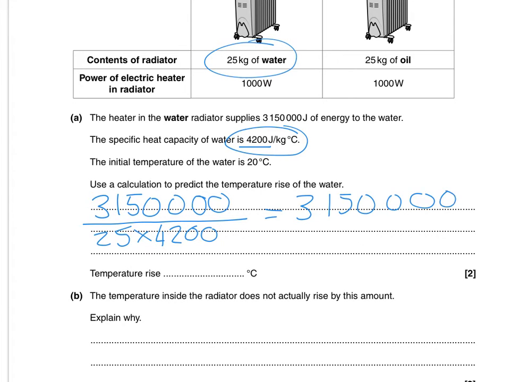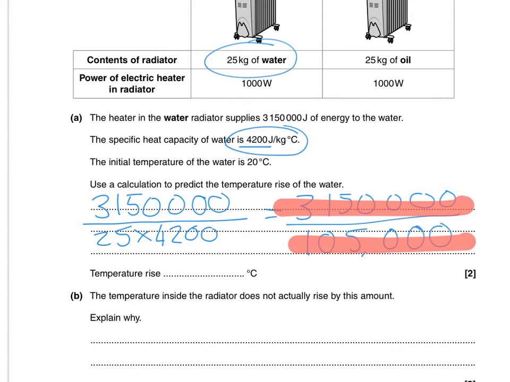So if we have a little look, we've got 3,150,000 divided by 105,000. Okay? So now we know that up here is the energy input. Down here is the energy needed to heat 25 kilograms of water up by 1 degree.